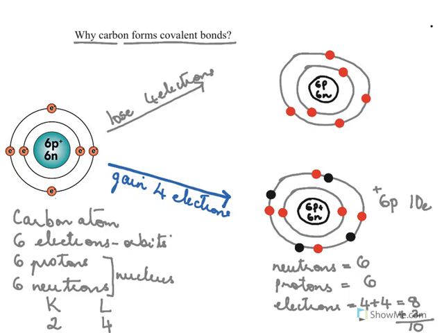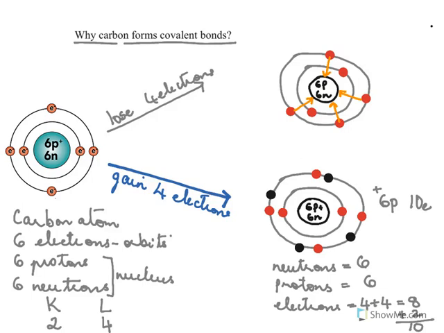Since it cannot gain 4 electrons to make the outermost orbit stable, the only next option left is to lose 4 electrons. Now remember, all these electrons are held to the nucleus by a force of attraction. For each of these electrons to be released, a large amount of energy is required.